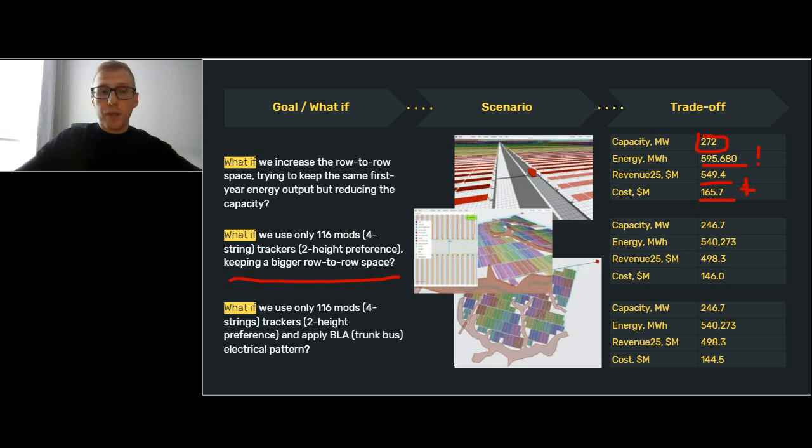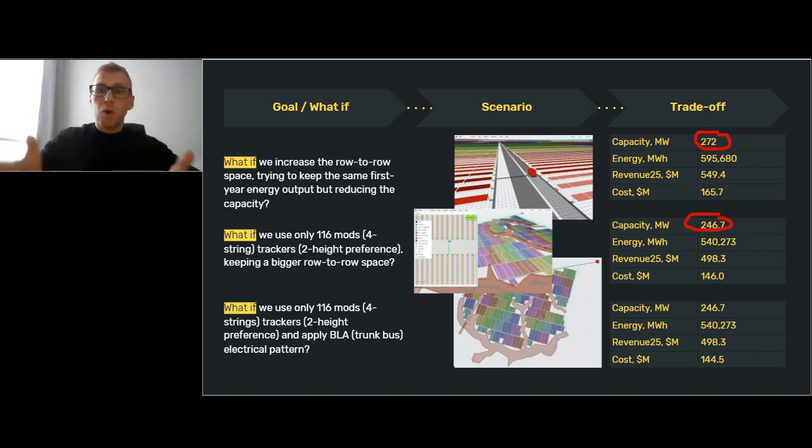Next what if, okay, we're gonna use 4 string trackers, basically only 4 string trackers, and with the same row-to-row space. In that case, again, we're losing more capacity, because you cannot fit, let's say, if you have 1 string, 2 strings, 3 string, and 4 strings trackers, so you have a lot of stripes.